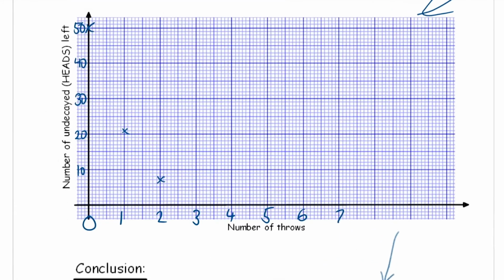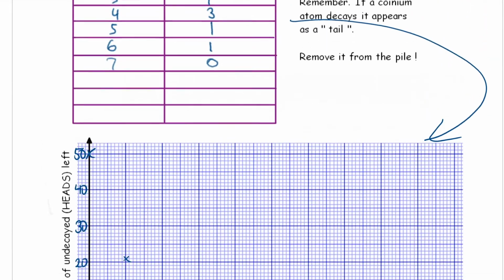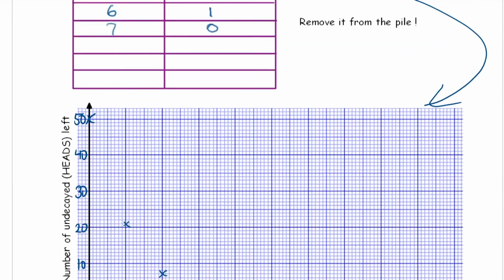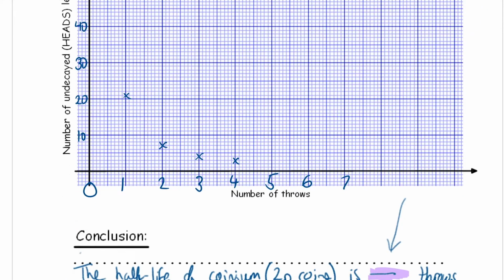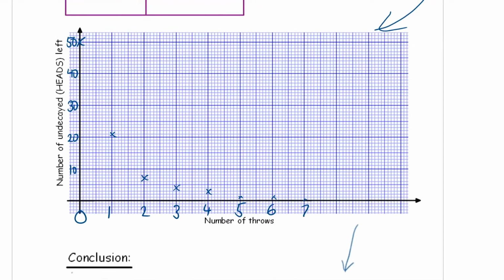I'm just looking for 4 on the Y or vertical axis. 4 throws, number of undecayed is 3. 5 is 1, 6 is 1, so you write down here, look, 6 is 1, and then 7. 7 is 0.